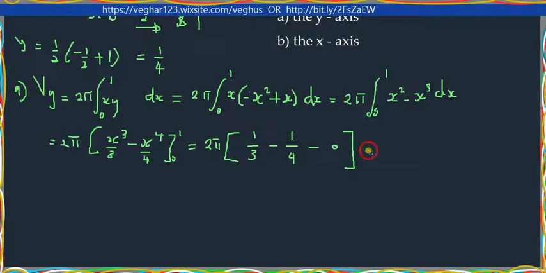So we're going to solve this, taking the common factor. You can use a calculator. When you check, you'll get 1 over 12.